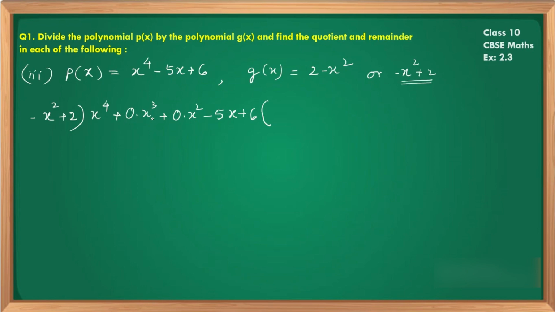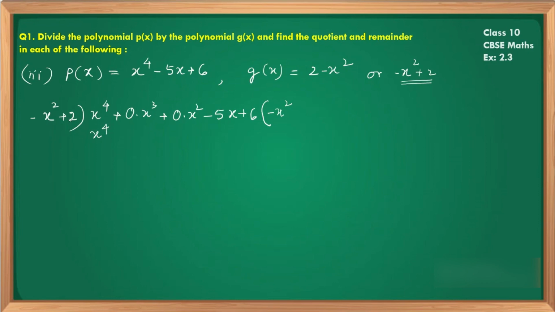This whole thing is equal to 0, and here also the whole thing is equal to 0, and now we start dividing. You require x to the power 4. Now by multiplying minus x square, you get plus x to the power 4. Minus and minus becomes plus, x square into x square becomes x to the power 4.